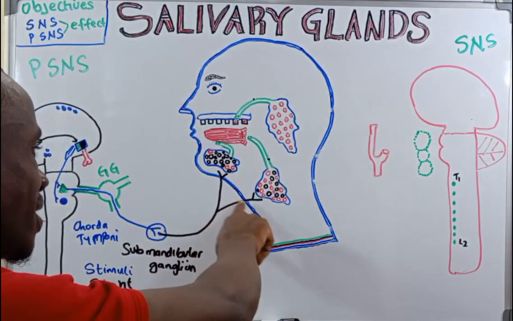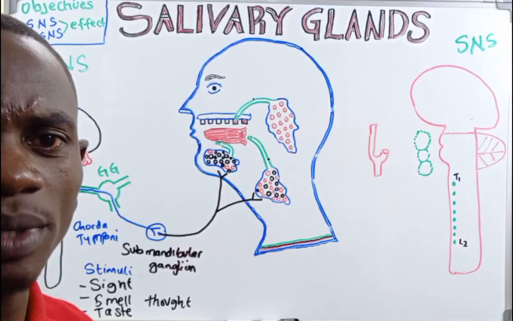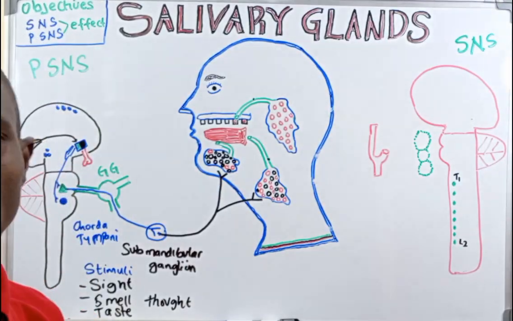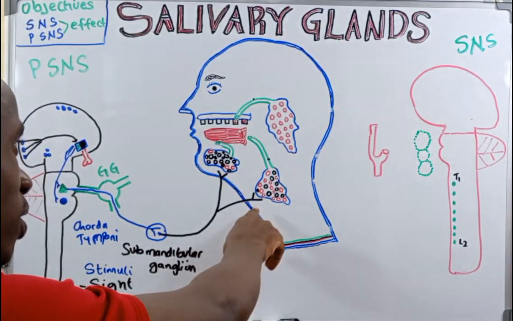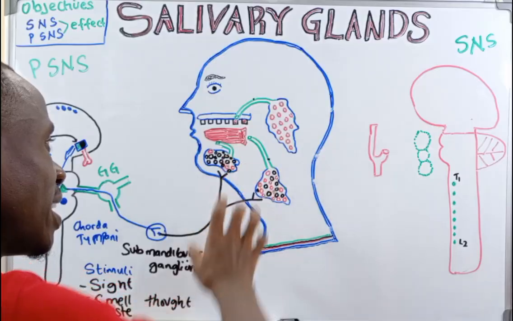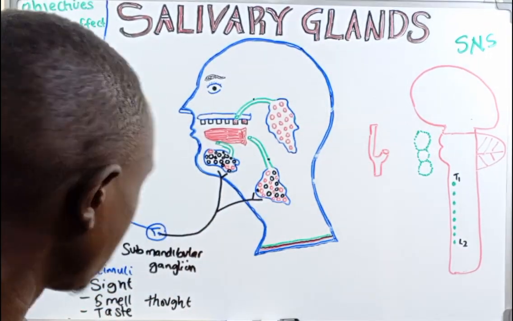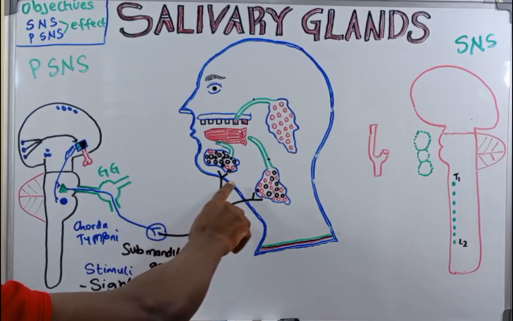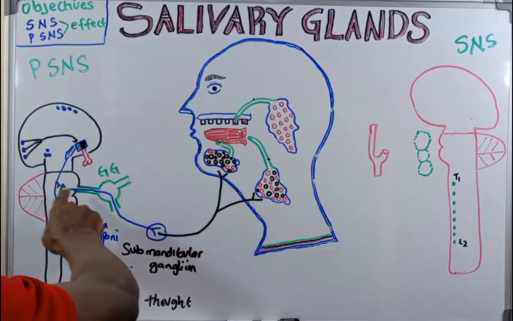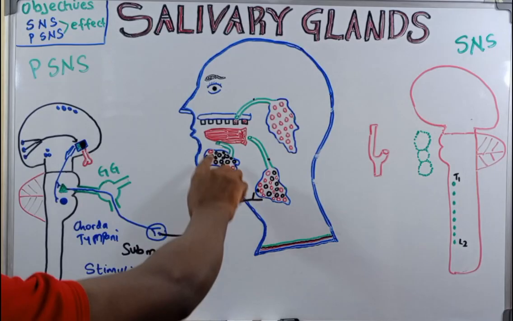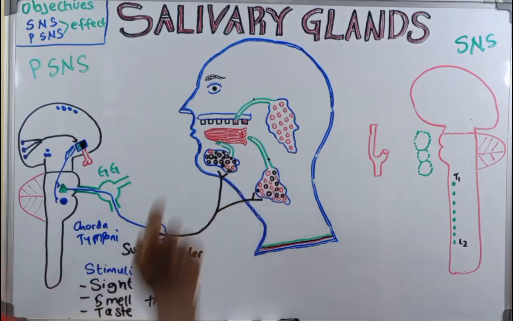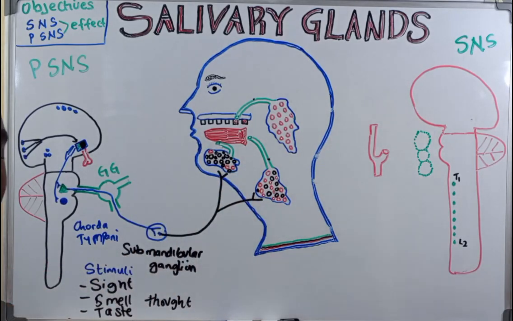When it reaches here, it releases a neurotransmitter called acetylcholine, which stimulates these salivary glands, leading to an increase in salivation. So that is how the parasympathetic fibers through the facial nerve lead to salivation of the sublingual and submandibular salivary glands.